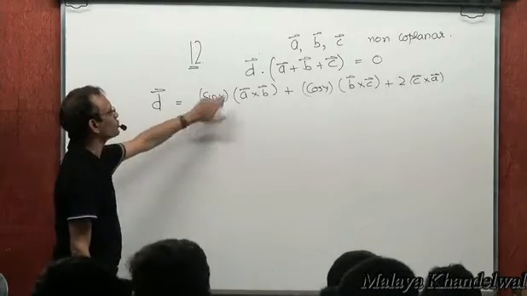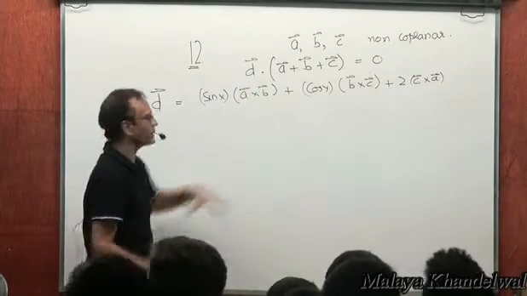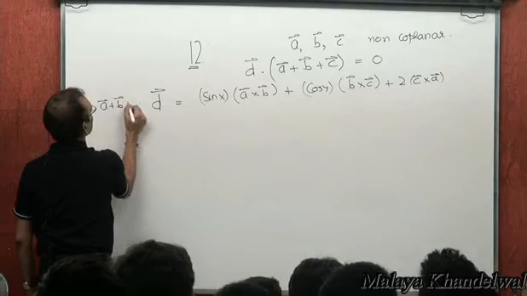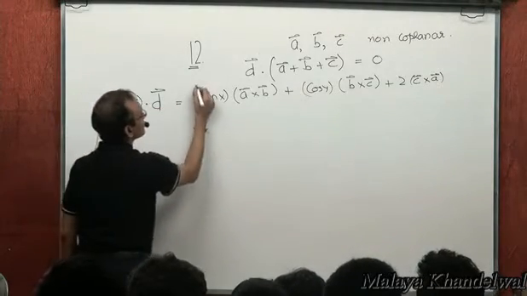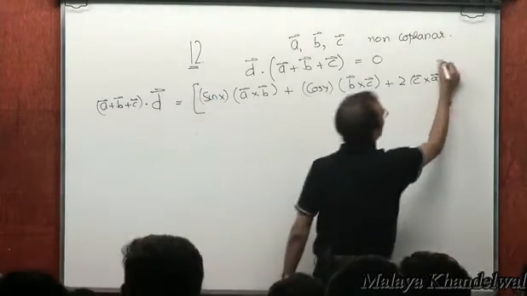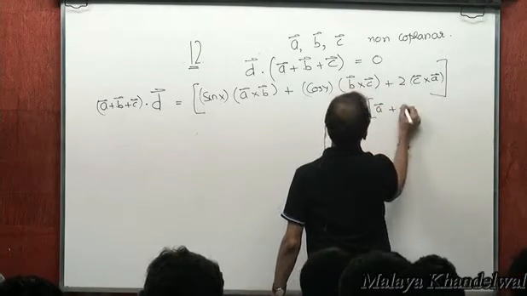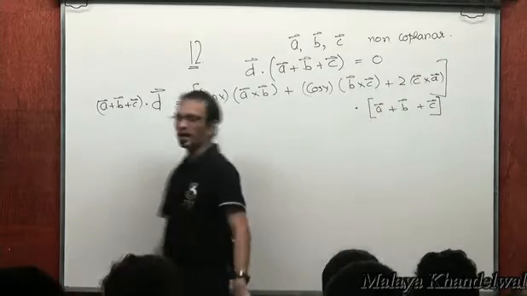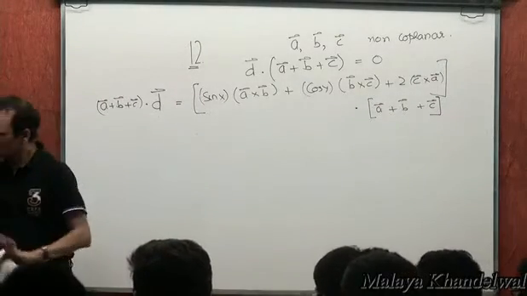Obviously, given this, I want to use D dot (A plus B plus C) is 0, right? So I do (A plus B plus C) dot this. If I change the order, it doesn't matter in a dot product. I could prefix it or postfix it, does not matter.